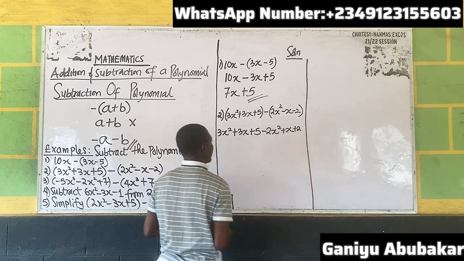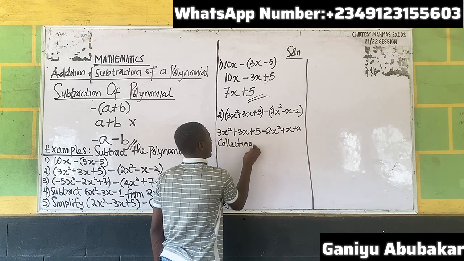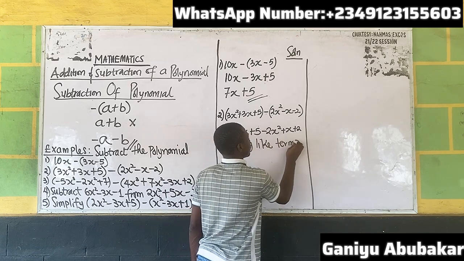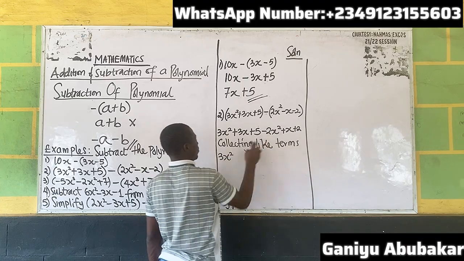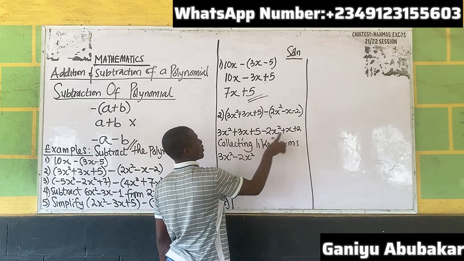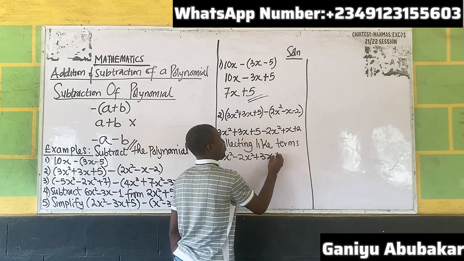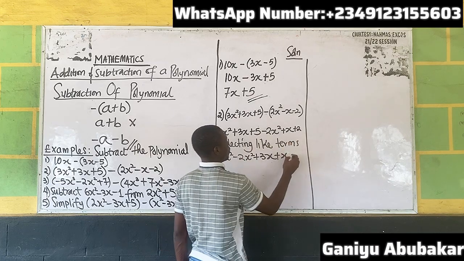Alright. Next task says collect items. Collecting items. That gives you 3x squared minus 2x squared. Done. Then pick x, plus 3x, this one here, and then plus x. Finally, I have plus 5 and plus 2 left.